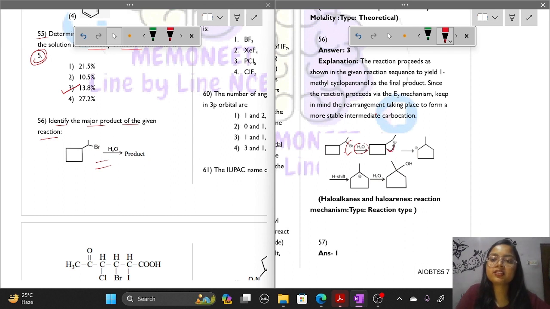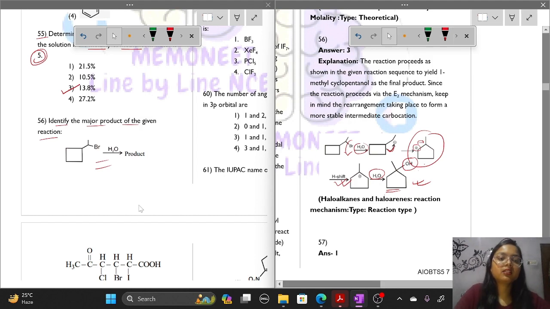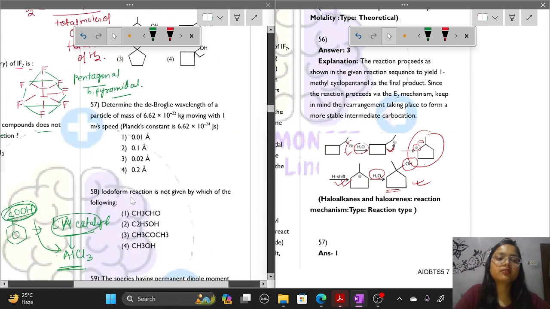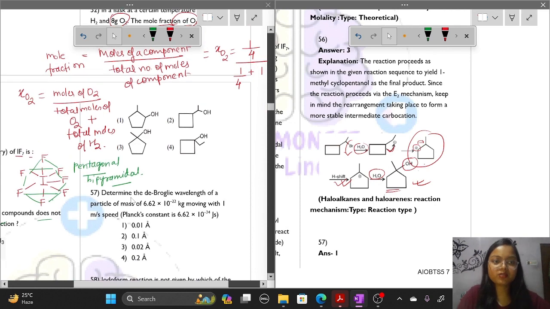Upon cyclization, this type of compound is formed. Then this positive charge gets shifted towards another carbon. It is called hydrogen shift, right? So after that, on adding water, an OH group is introduced here. So this will be the final product. On seeing the options, we came to a conclusion that option number 3 is the correct answer here, right?